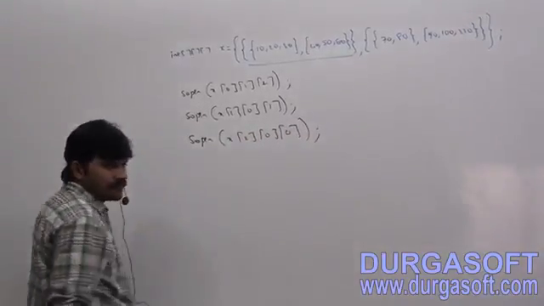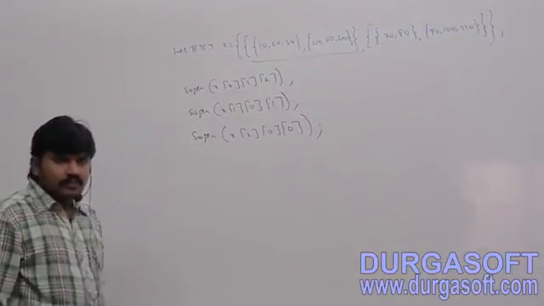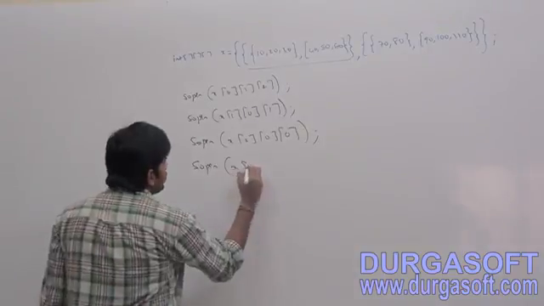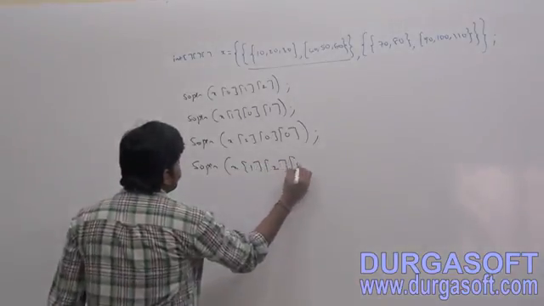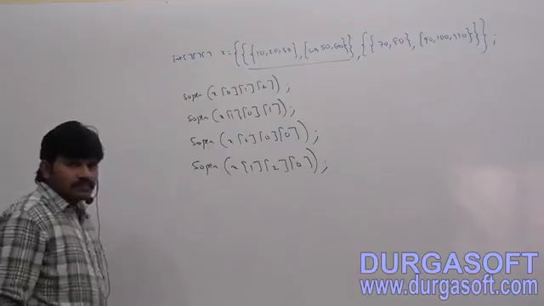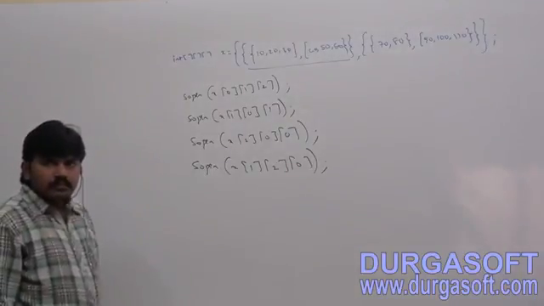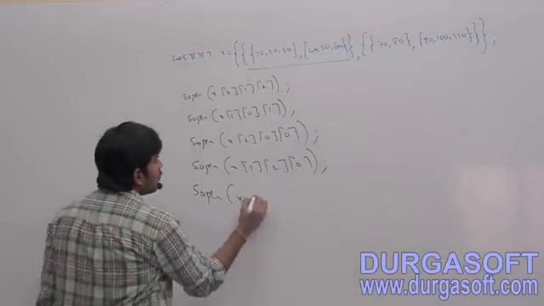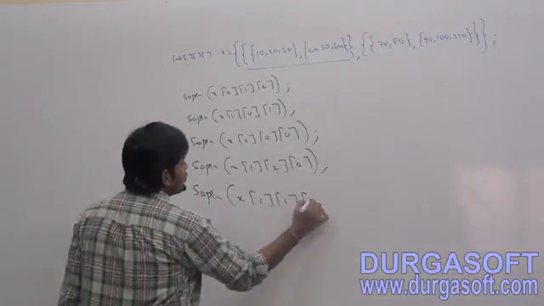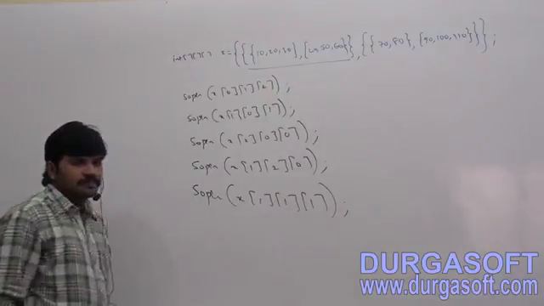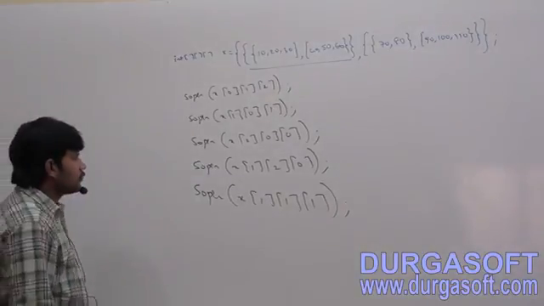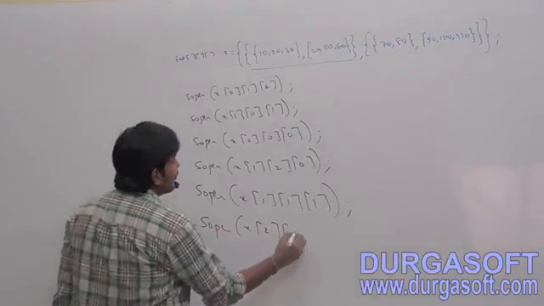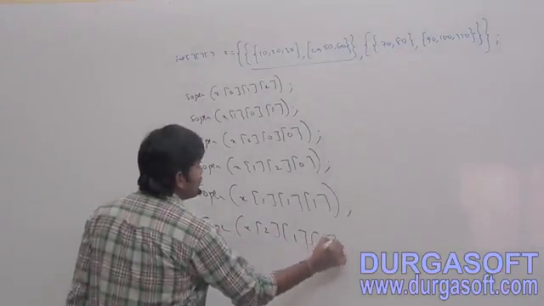What is the answer? Leave. No problem. SOP of x of 1, 2, 0. What is the answer? Leave. No issue. SOP of x of 1, 1, 1. What is the answer? SOP of x of 2, 1, 0. What is the answer?